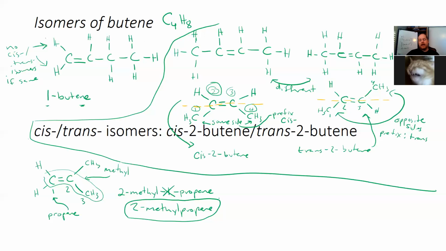butene. And so the idea here is you have to specify cis-trans isomers, in particular when you have a double bond. If you take the two carbons in the double bond and draw a line through them, above and below that line is going to distinguish whether we have cis or trans isomers.